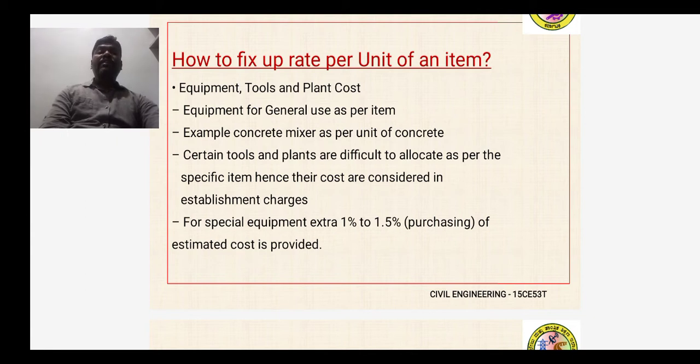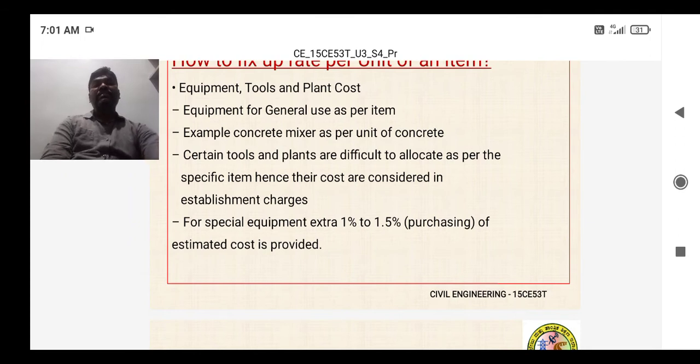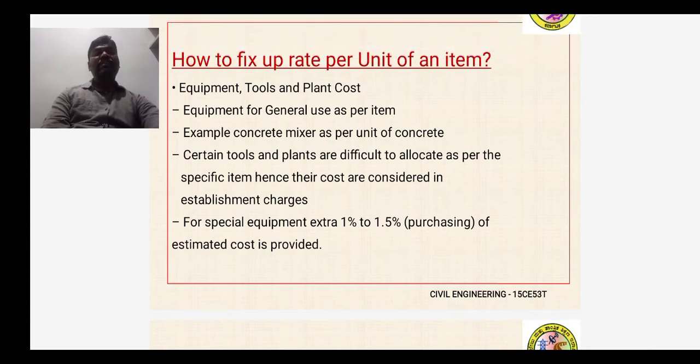There is variation in equipment, tools and plant because equipment is for general use as per item. Example, concrete mixture. As per unit of concrete, certain tools and plants are difficult to allocate to the specific item. Hence, their costs are considered in establishment charges.